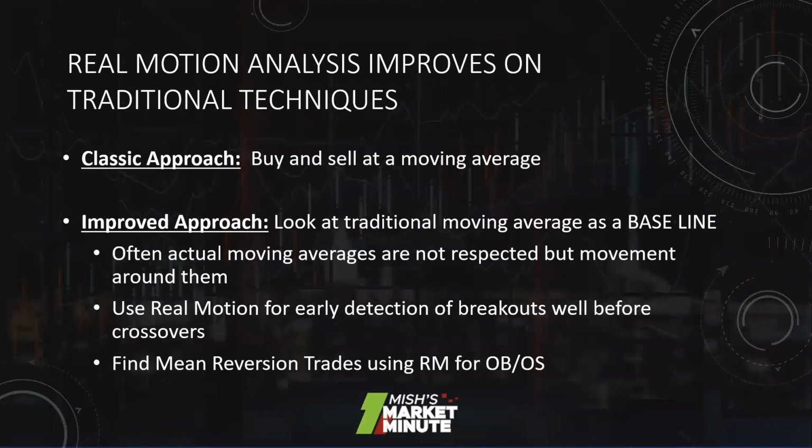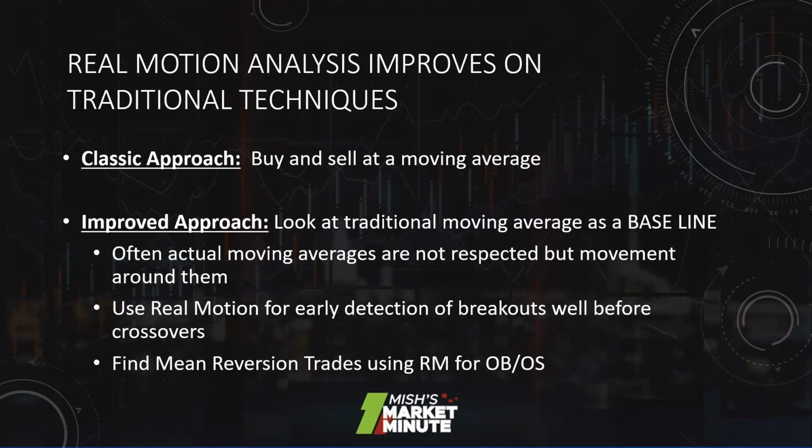A classic approach to trading is often buying and selling at a moving average. An improved approach using real motion analysis allows you to look at traditional moving averages as a baseline. Often, actual moving averages are not respected, but the movement around them is even more important.